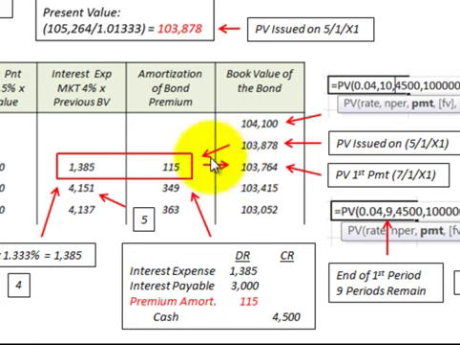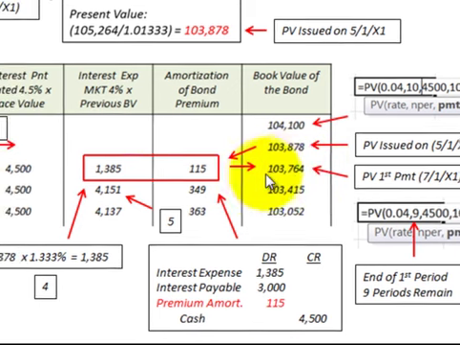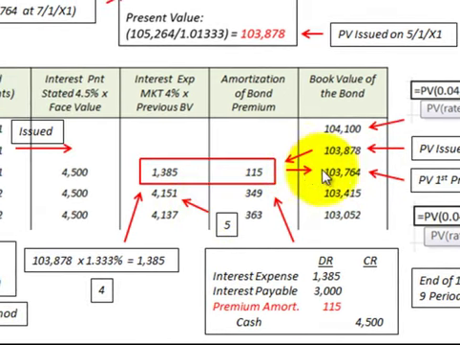Now, just looking here at this premium amortization amount, you just take $103,878 and you subtract that amortization amount here, and then you get its present value at that first payment date here of $103,764. So now to calculate our interest expense for the next period, we take the market rate of interest for that period times this beginning balance here of $103,764, and we have an interest expense of $4,151.